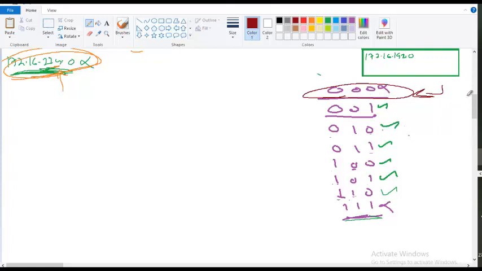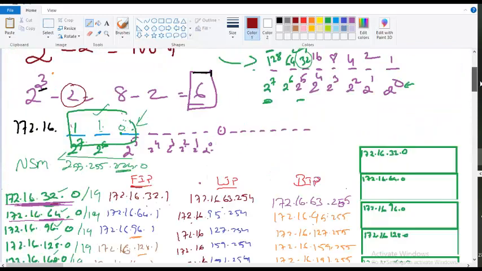The reason why I specify this is, sometimes, not every time, in some exam in Cisco, if they don't mention zeroth subnet, which means they have applied the old formula.